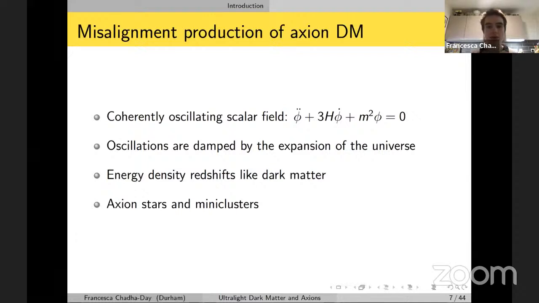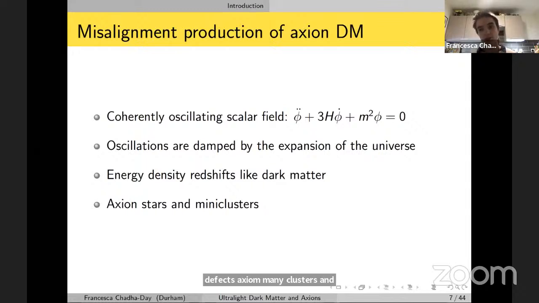And then we end up with a lot of topological defects, axion mini clusters, and the evolution of the axion field becomes a lot more complex. But we still end up with a lot of very cold axions that redshift like dark matter. So this has the right properties to be dark matter.